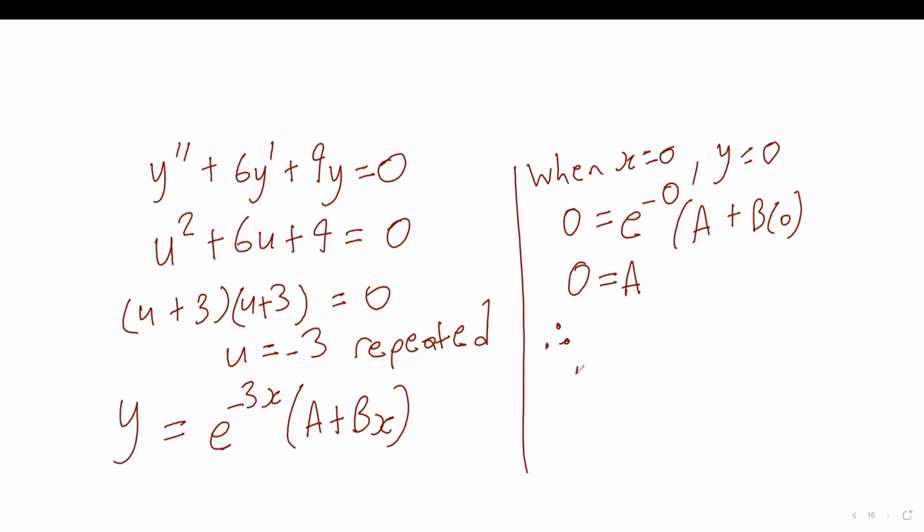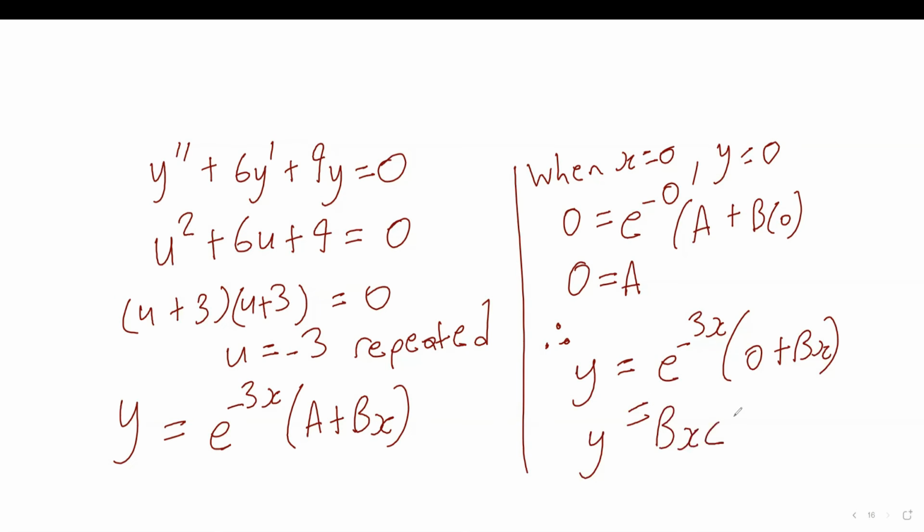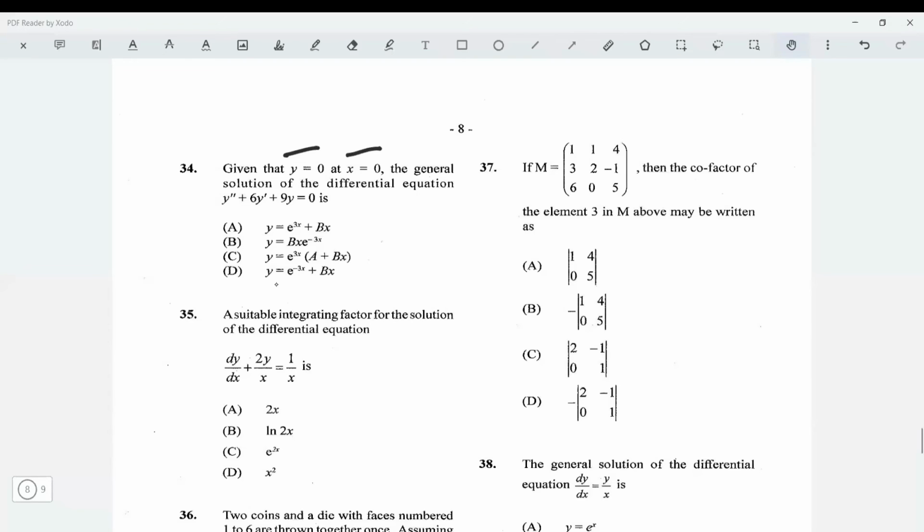Therefore y is equal to e to the minus 3x multiplied by 0 plus Bx. So the final answer is y equals Bx times e to the minus 3x. That's option B.